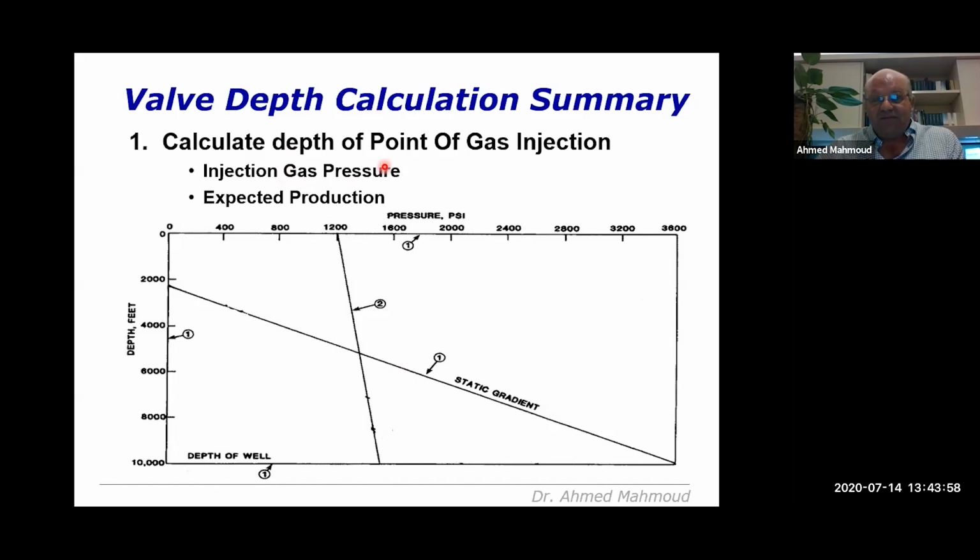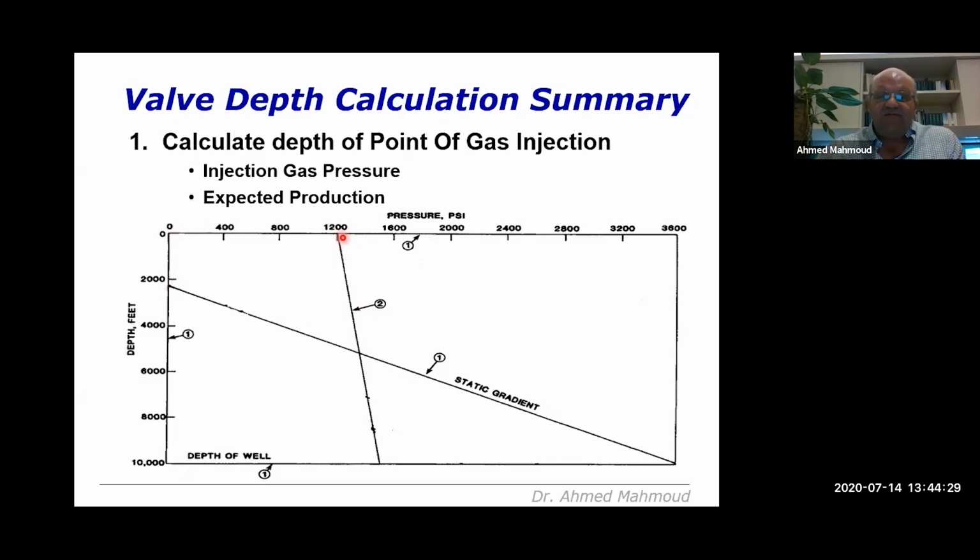To calculate the depth of the point of injection, this is the case before gas injection. Before gas injection, you will have a static gradient, and this is the static fluid level, which in my previous slides I described as the well being weak. It cannot deliver to the surface. The well can only hold a static fluid level below the surface and below the wellhead.